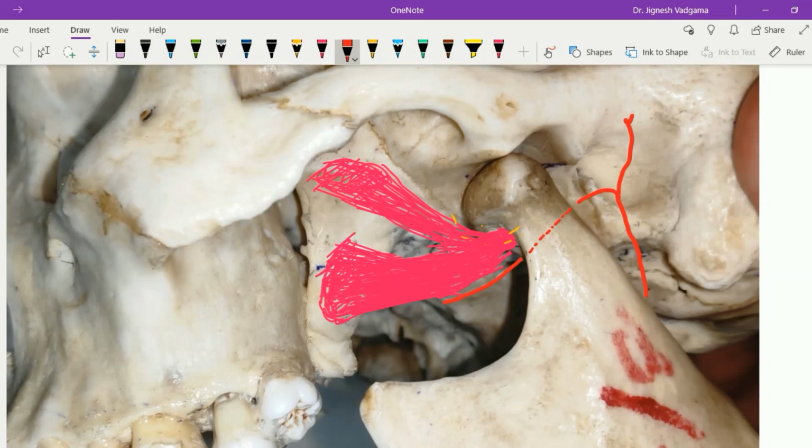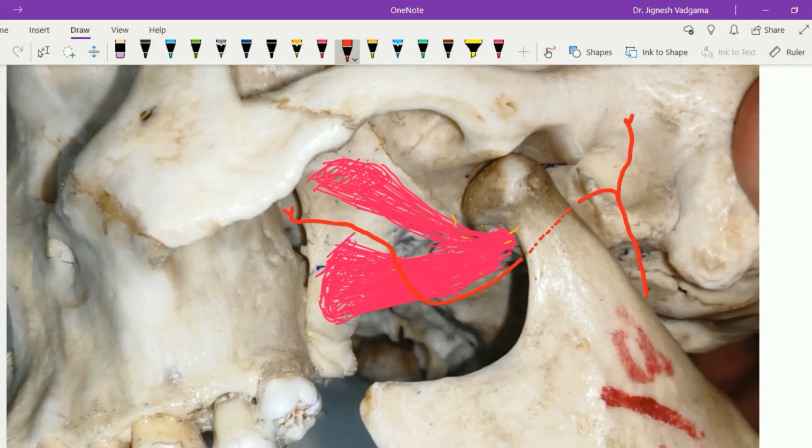From here, the maxillary artery passes superficial to the lower head of the lateral pterygoid muscle and reaches between the two heads. From here, the artery passes further medially between the two heads of this muscle to enter the pterygomaxillary fissure, which ultimately directs the artery into the pterygopalatine fossa.